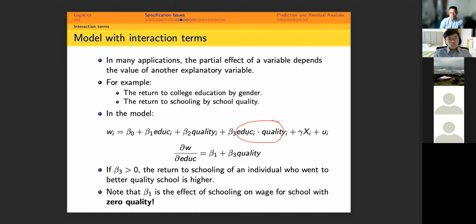That's going to be the interaction. Now notice that the variables I use for the interaction term are assumed to be at least ordinal or continuous variables.